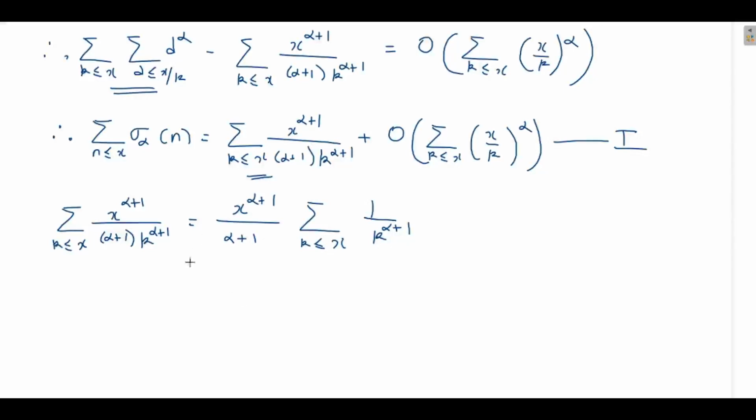Okay, now again using the result which we have proved in the last session, this sum here will be minus x raised to minus alpha upon alpha plus, please check that this is correct, this calculation. If you are not getting it, you can ask me. Okay, plus big O of x raised to minus alpha minus 1.